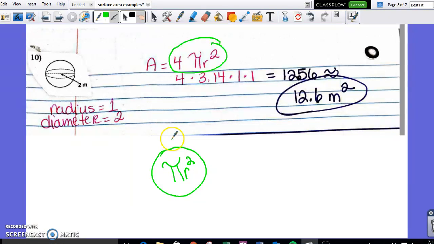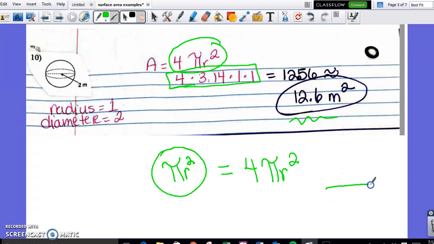If you have a sphere, a 3-dimensional one, then basically it is 4 pi r squared because there are 4 hemispheres in this particular figure. All I did was just plug in my formula. 4 times 3.14 times r squared, and that will give you 12.6.